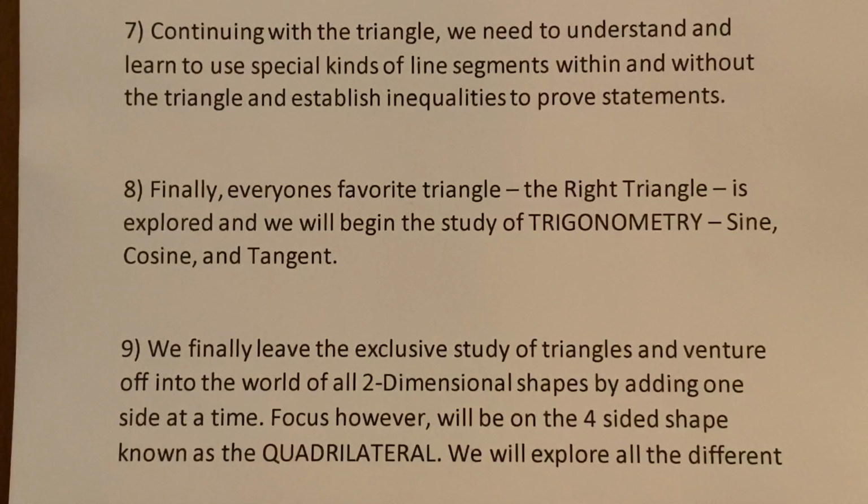Finally, we're going to leave the study of triangles and continue to venture off into other two-dimensional shapes by adding one side at a time. And in this unit, we'll see a focus on the four-sided shape. We'll learn about 5, 6, 7, 8, 9, 10, 11, 12 rules that apply to those shapes, but it's the four-sided shape that basic geometry courses really focus in on.